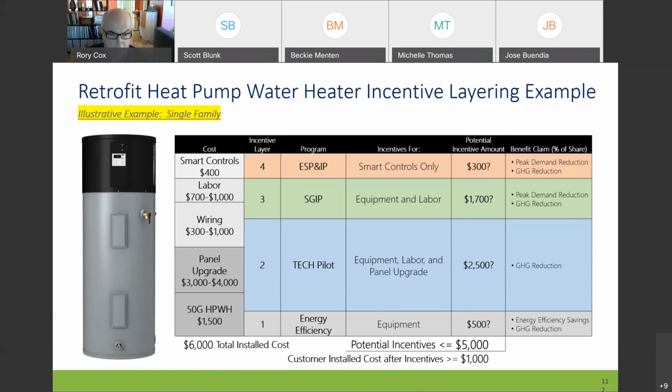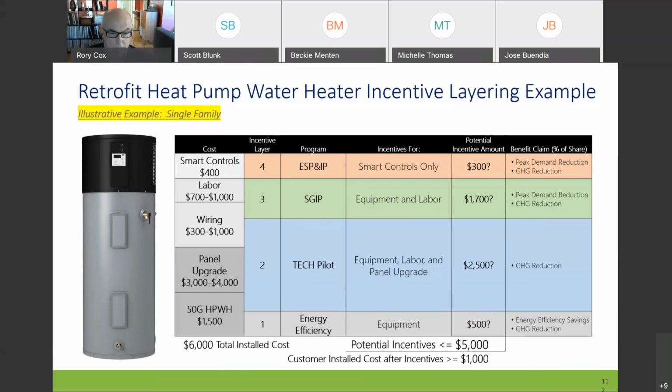The S-chip program can then offer $1,700 for equipment and layer, again, all stacking. And then you have the ESP and IP programs that PG&E and SCE are planning to offer that could potentially offer another $300 for a grand total of $5,000 in incentives. The customer's install cost after incentives would be $1,000.